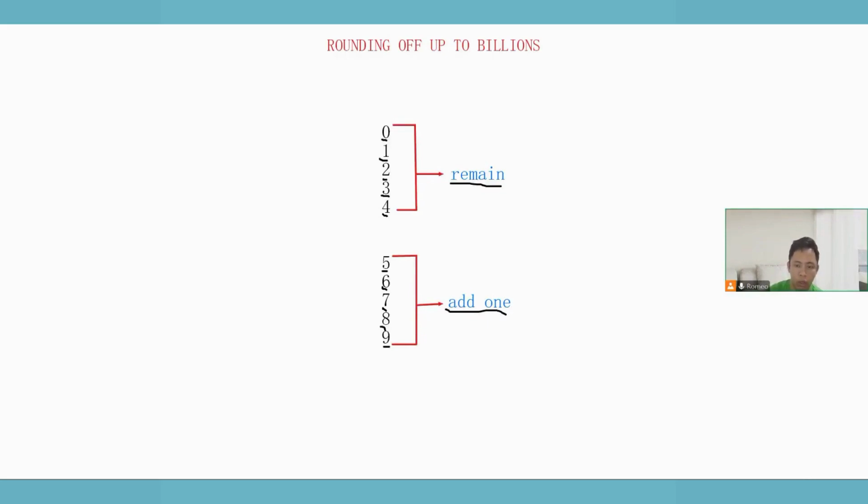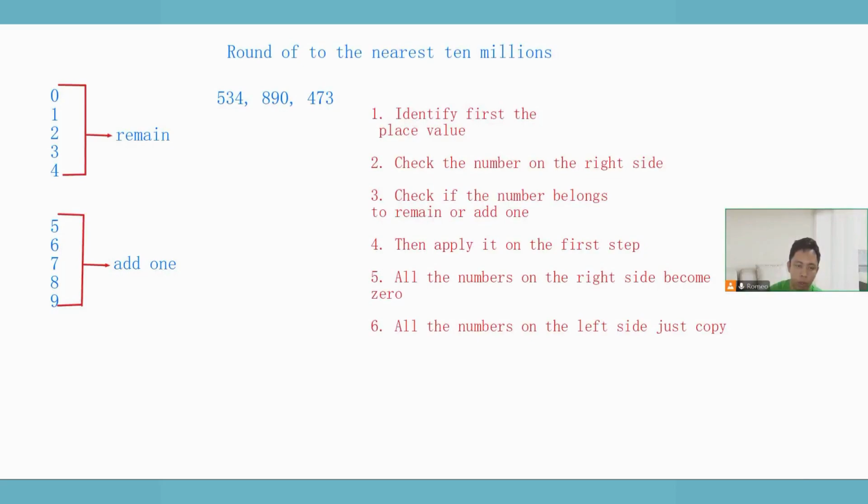Now, how are you going to use that rule? Let's have this example. The instruction is to round off to the nearest 10 millions. First, we need to identify which number among these is the 10 millions value.